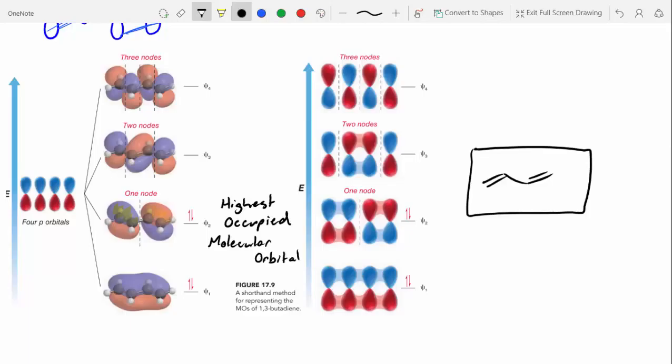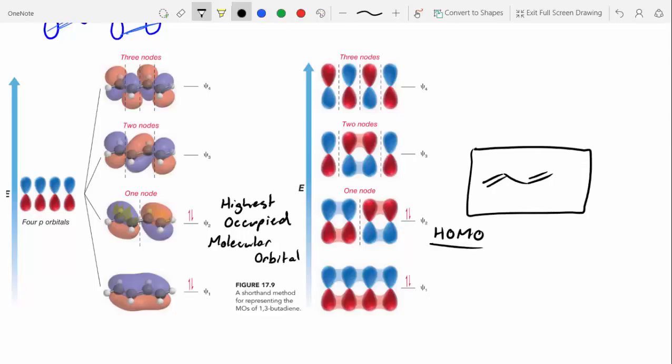This is the highest occupied molecular orbital for this diene. Oftentimes that's a mouthful, so instead of calling it the highest occupied molecular orbital, people will just simply refer to it as the HOMO. So both of these are the same representation.